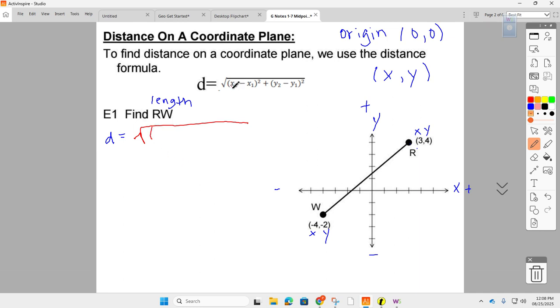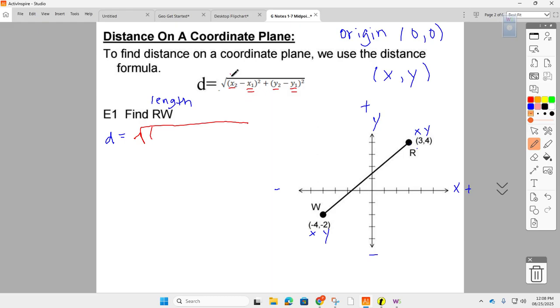It does not matter which one you call 2 or 1. If the 2 is the first one here, then the y2 has to be the first one there. X1 here has to be in the same spot as y1. That's all that is, just making sure we match them up in those spots. It will make a difference to your answer.